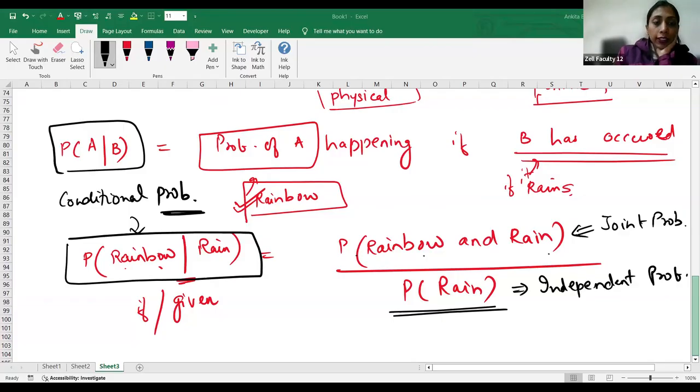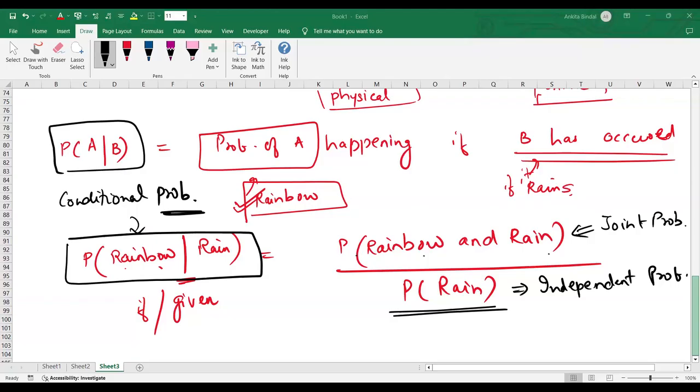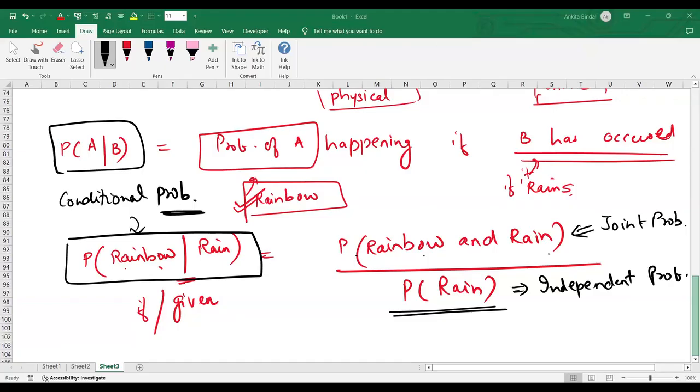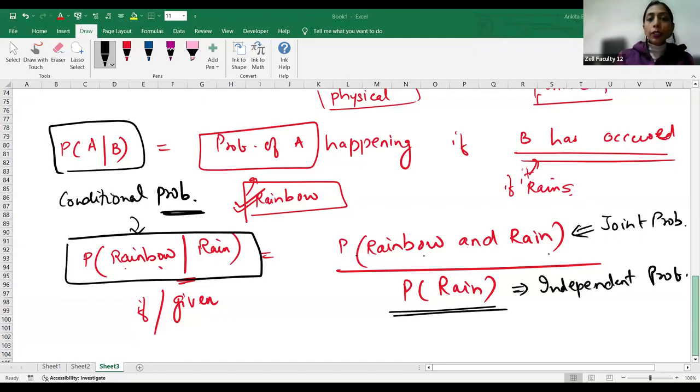For independent events, what is the joint probability? No, think again. For independent events, which can occur together, it is multiplied. Probability of A multiplied by probability of B. One more thing here.